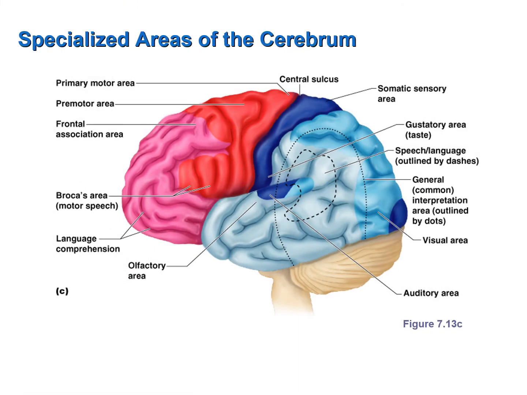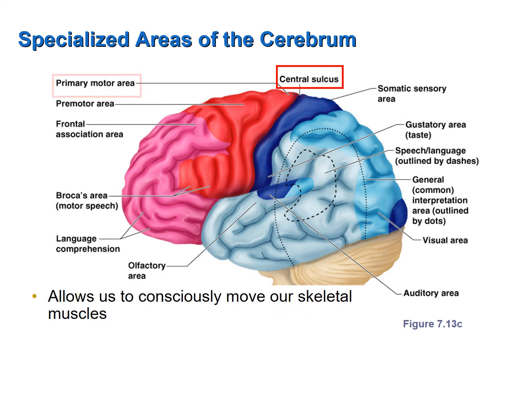I now want to look at a specialized motor area of the cerebral cortex, again using the central sulcus as our landmark or point of reference. The gyrus just anterior to the central sulcus is the precentral gyrus, also called the primary motor area.